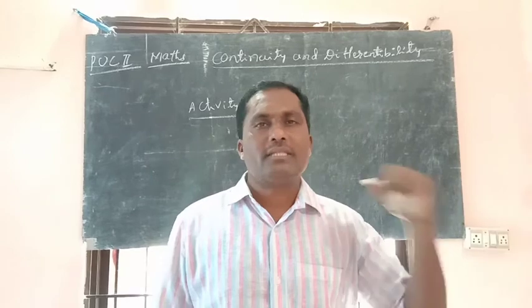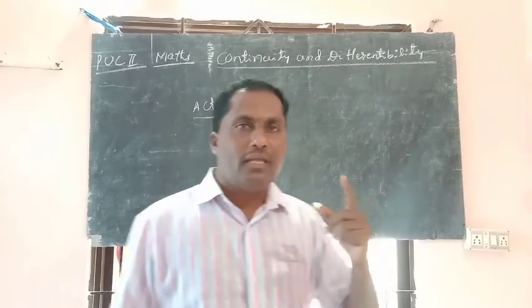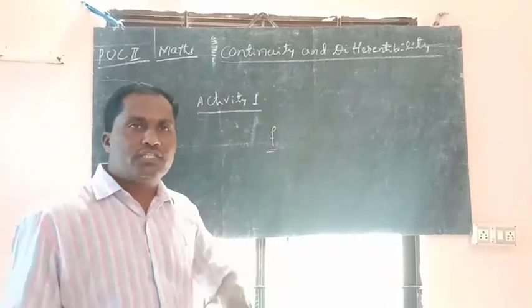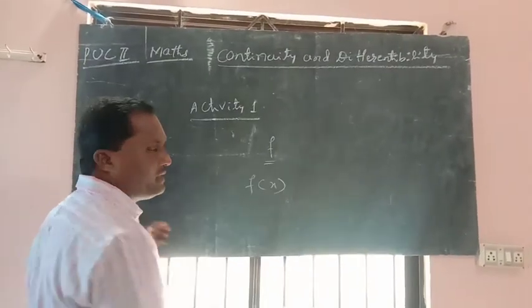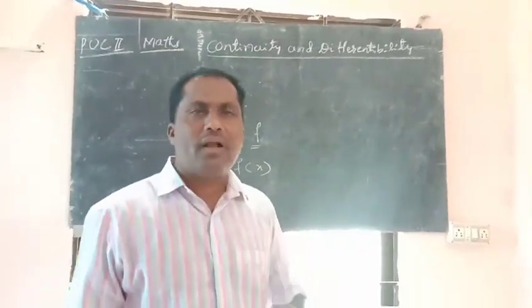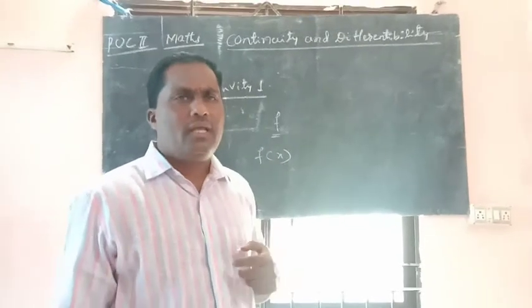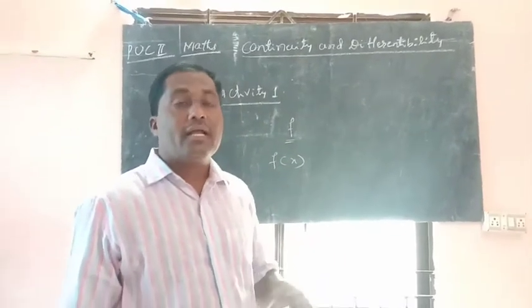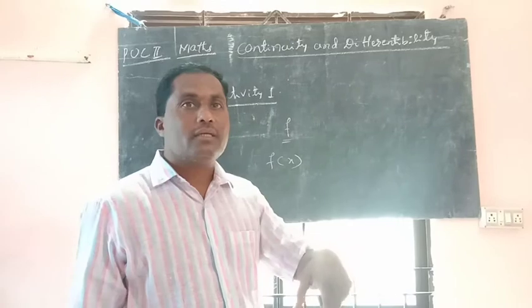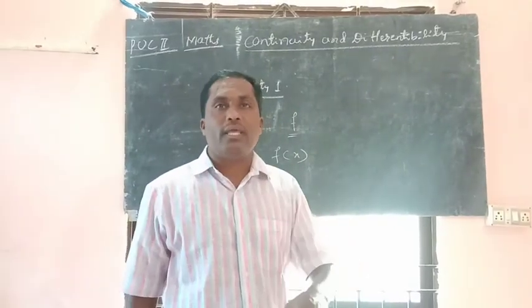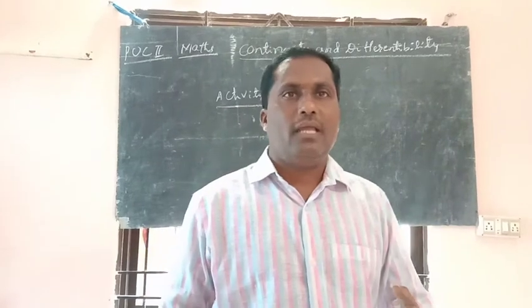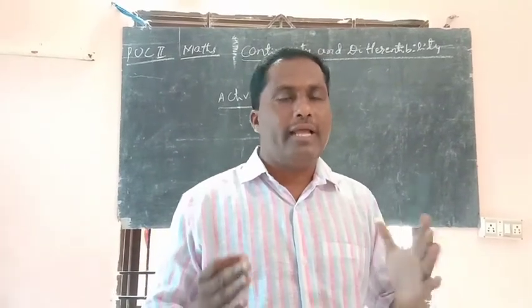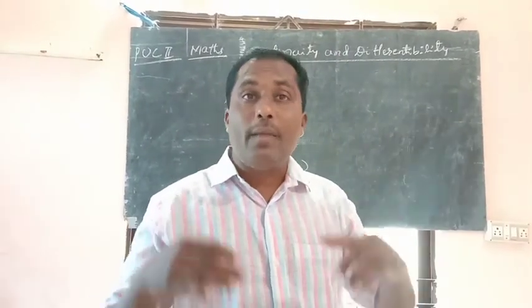So what is continuous? F is a real valued function, that is F of x. F of x is continuous if and only if it satisfies both the left hand and right hand limits.